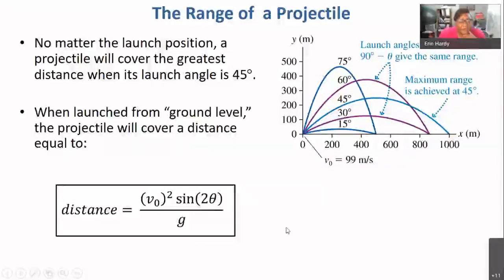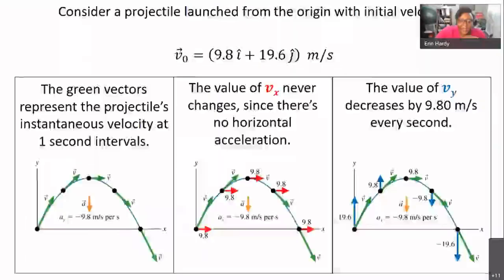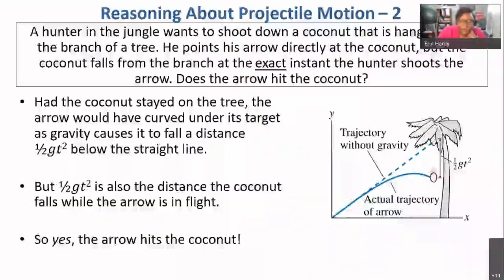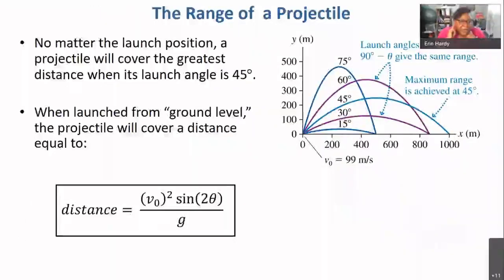I don't have this on the formula sheet because it pertains to a narrow range of scenarios, whereas if you put these four equations together, they will get you through every projectile motion problem. But this one applies to a narrower range of scenarios.